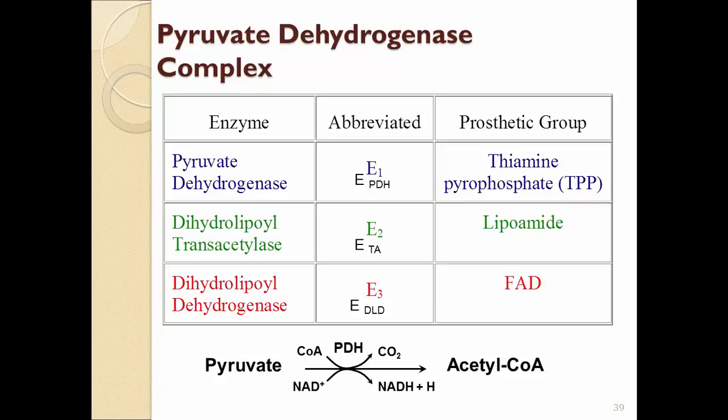Acetyl-CoA is very important, right? Again, the central molecule, and this reaction occurs in the mitochondria and is also very important for the energy metabolism. And this reaction also generates one NADH molecule, right?